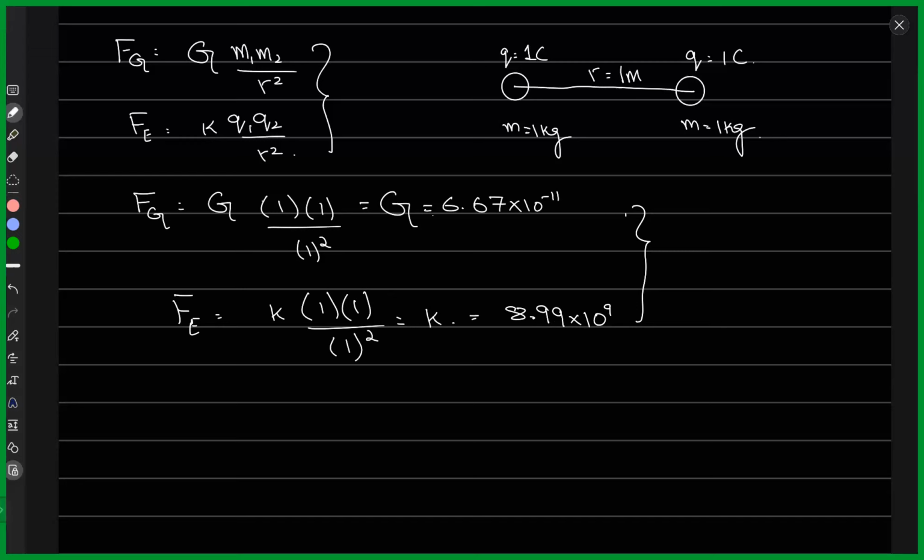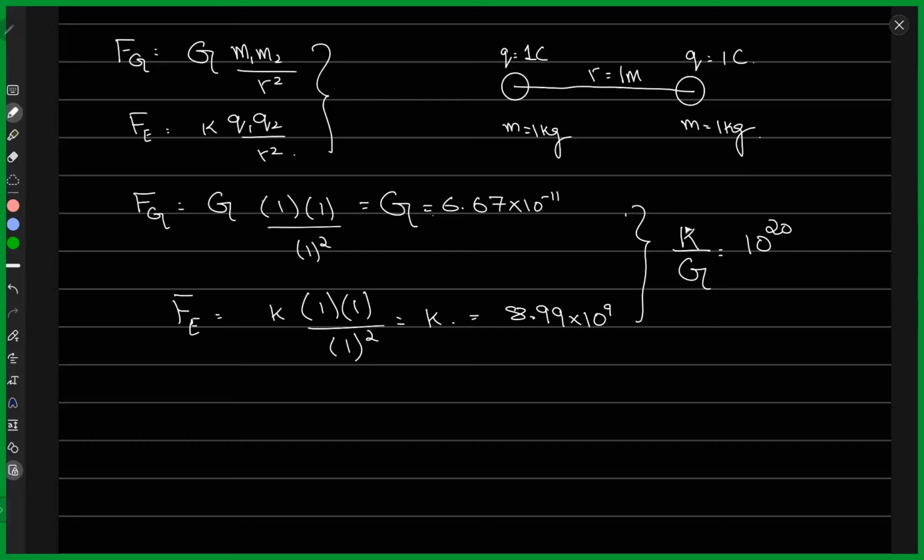To see the relation between these two, I'm just going to take the ratio and divide these two numbers, K divided by G. When you do that, you get something times 10 raised to the power 20. What does that mean?